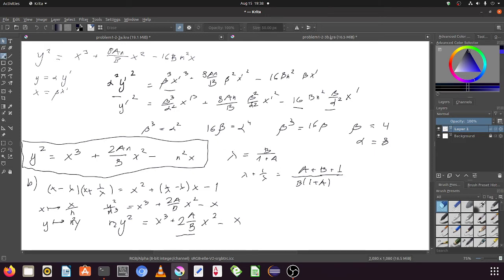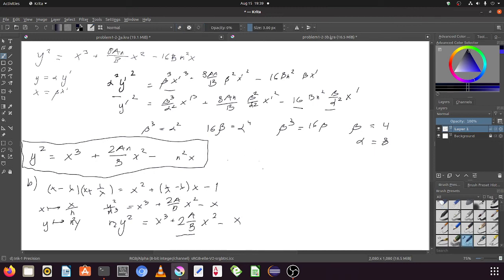Oops. Hmm. So let's do it again. Oh, I also erased lambda. Now it won't write.